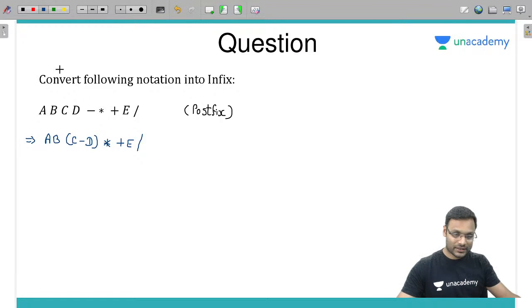Next, let's go next. What does it say? Operand, complete operand, operator. So this operator you need to solve. If you are solving this operator, you need to have B and this as the operands. So I will write it this way: A, B into C minus D, with one more bracket outside, plus, E division.